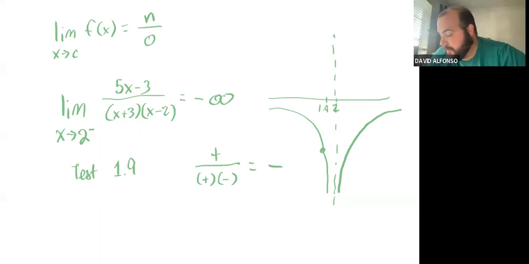And the last one is horizontal asymptotes, which is end behavior. So that's if the limit goes to infinity, you have to determine what happens.